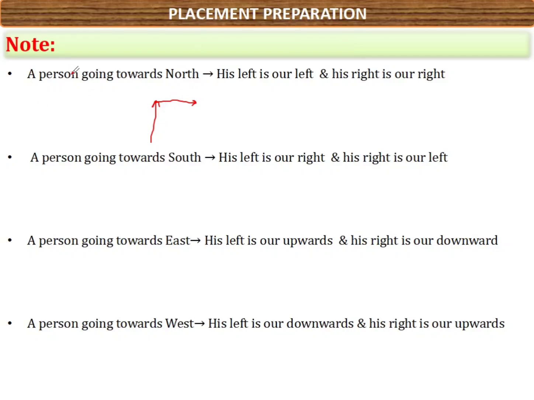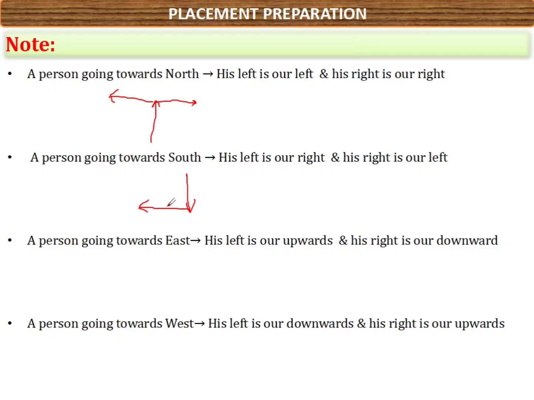Now, if a person is facing towards north, going towards north, his right will be our right and his left will be our left, because this is right for him and it is right for us also. It will be left for him and it will be left for us also. Similarly, if a person is going towards south and he turns to his right, he will turn like this.